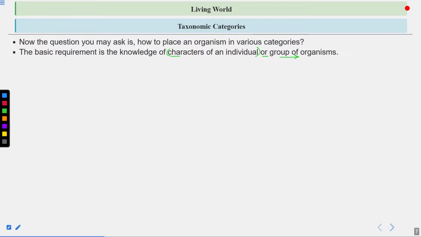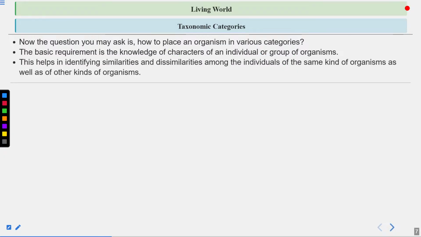What are the features? What are the morphological features, anatomical features, cellular features? So you should have knowledge about the characters of that organism. This helps you identify similarities and dissimilarities among the individuals of the same kind of organism as well as of other kinds of organisms.